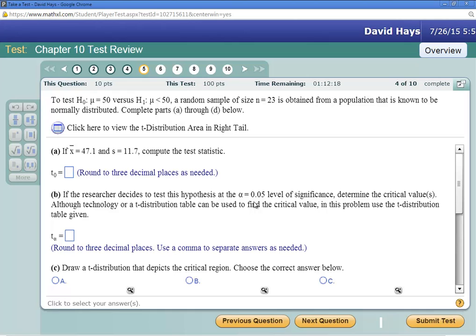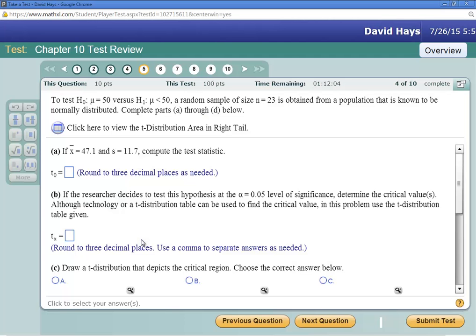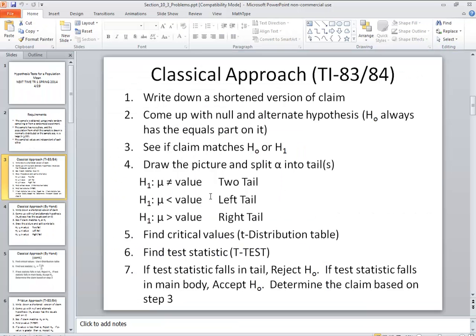There it is. Alpha is 5%. So I'll put 5% here. I like following my steps for this. Then 95% is here. And this is going to be our test statistic, critical value down here. We'll come back to that. But what they're asking for specifically at this point is a test statistic. So we're skipping step 5, the critical value.